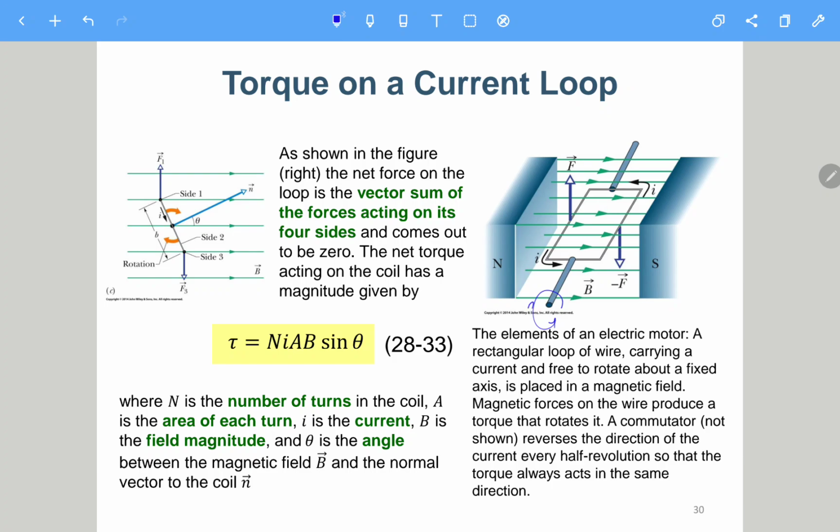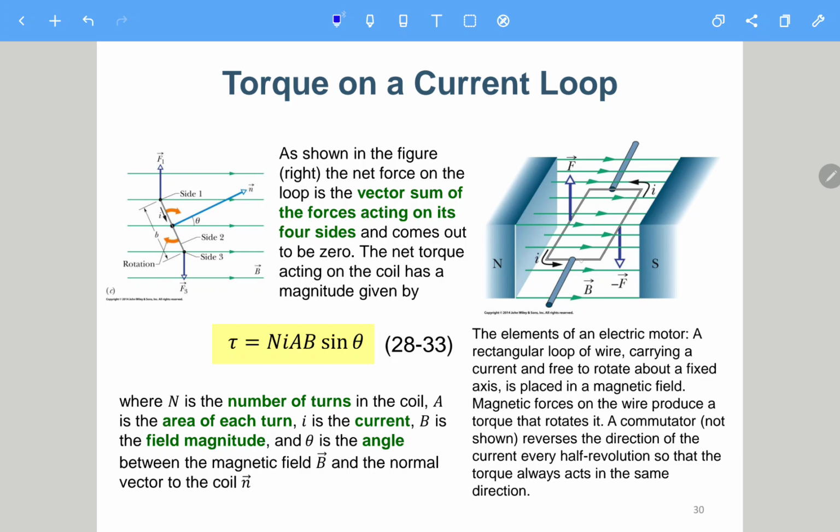It depends on the direction of the current. Here we assume that the current is going counterclockwise.